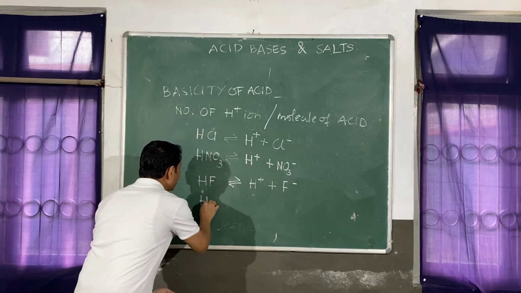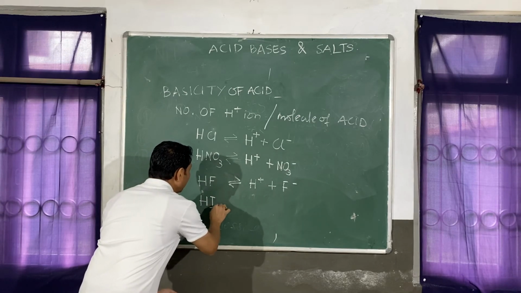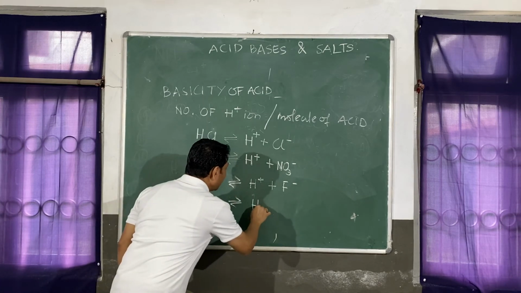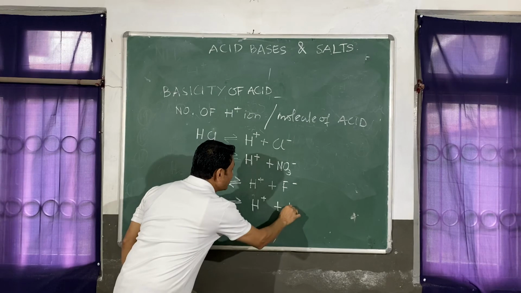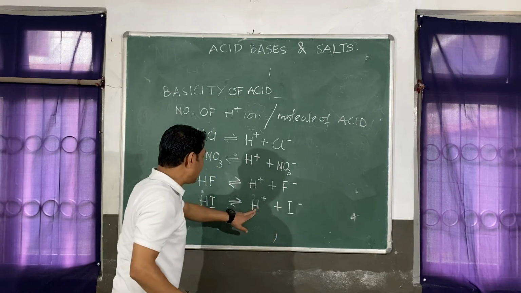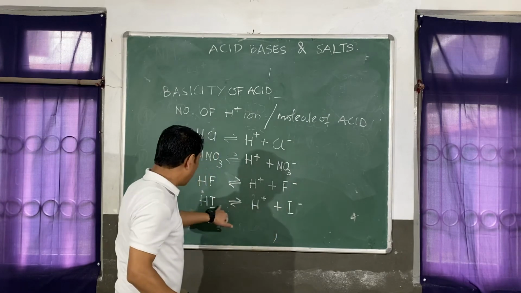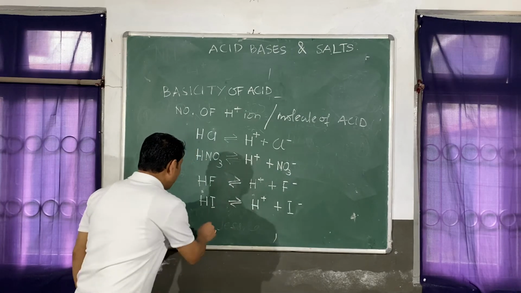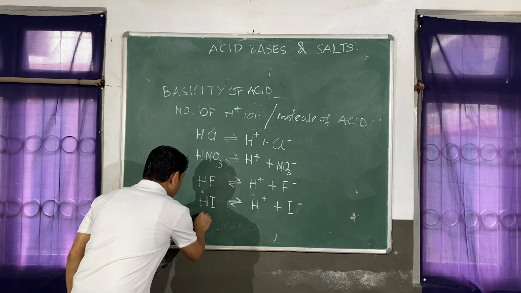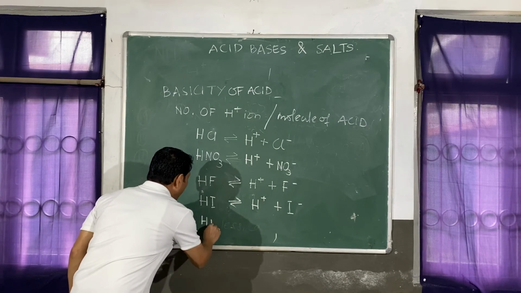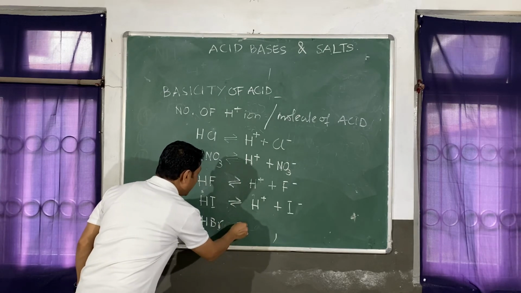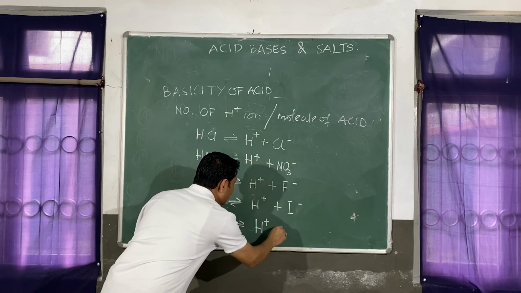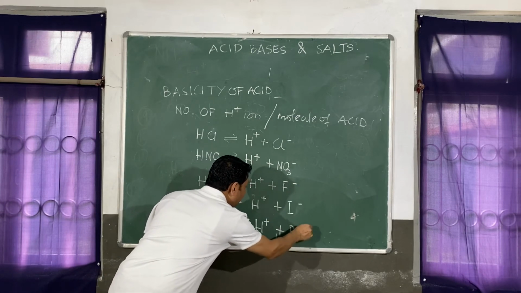Next, hydroiodic acid, HI. It will again produce only 1 hydrogen ion and 1 iodide ion. Similarly, hydrobromic acid, HBr, produces 1 hydrogen ion per molecule of the acid and Br minus.